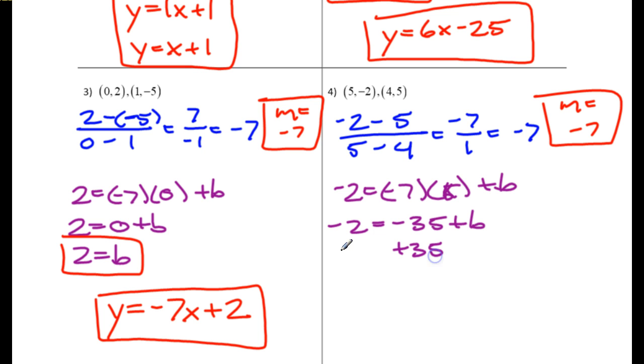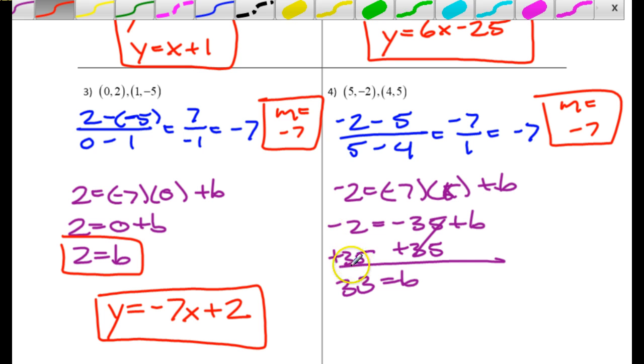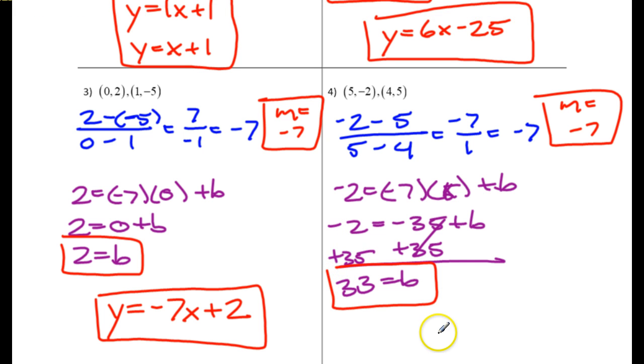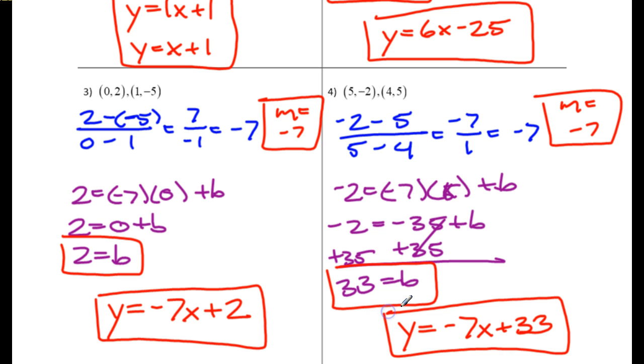Opposite of negative 35 is plus 35. b is alone. Negative 2 plus 35 is positive 33. Alright, so just like that, if we have y equals mx, our m is negative 7x, and now the y-intercept is positive 33.